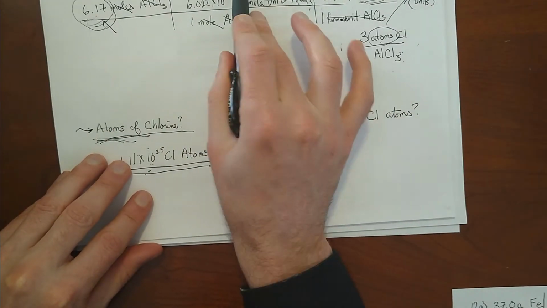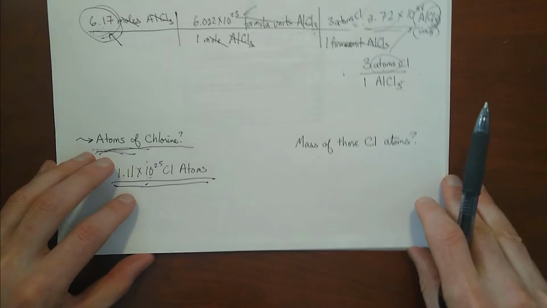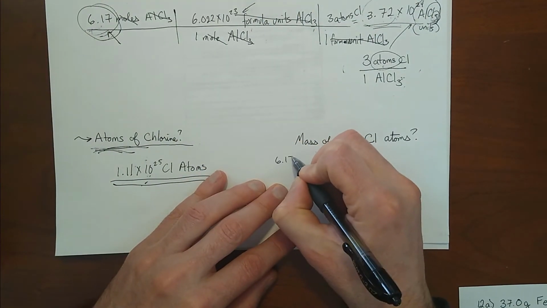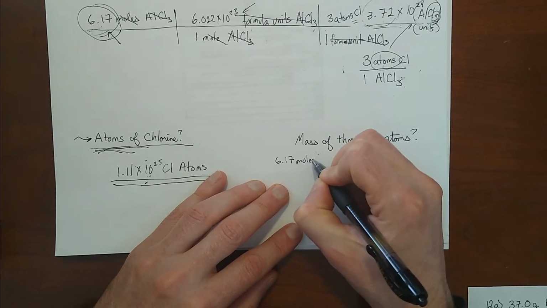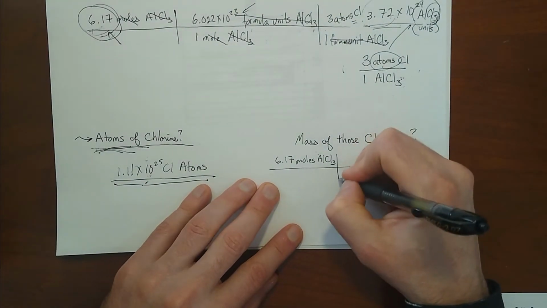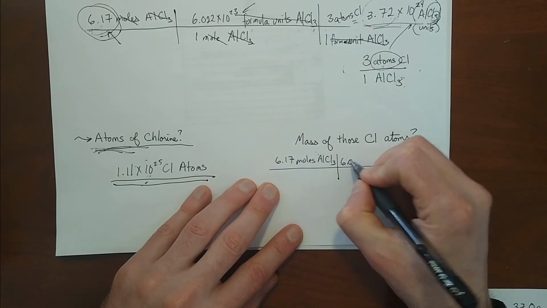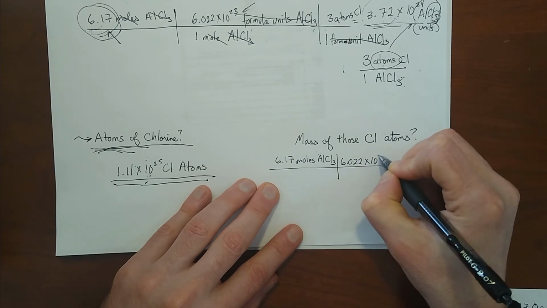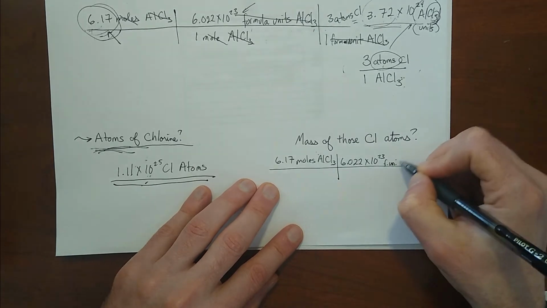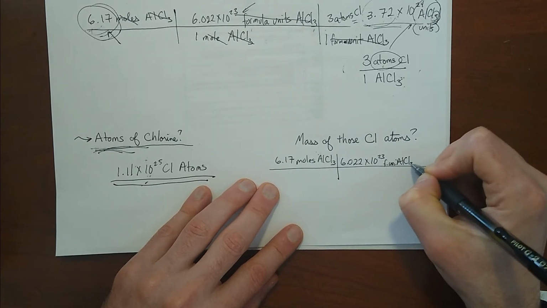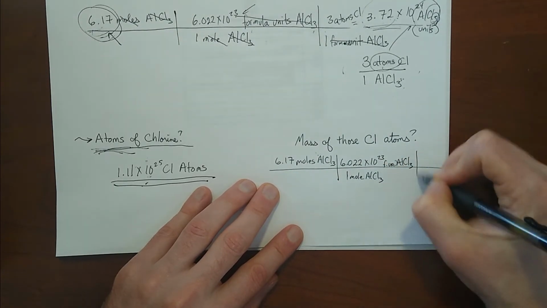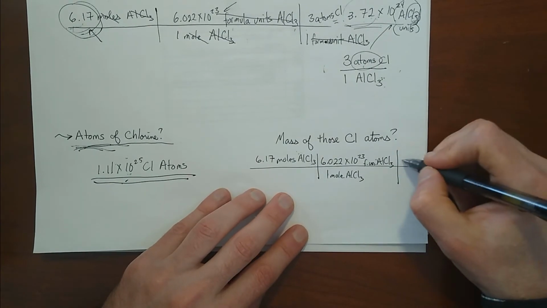So the initial part of this, given 6.17 moles of aluminum chloride, would all be the same. I would set up the initial part of the problem just like this. Converting to formula units, and then to atoms of chlorine.